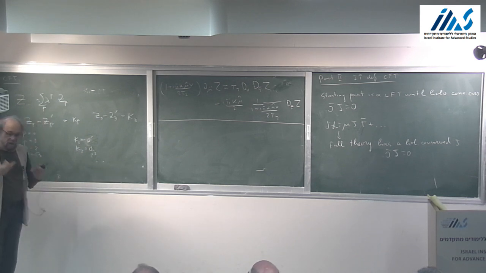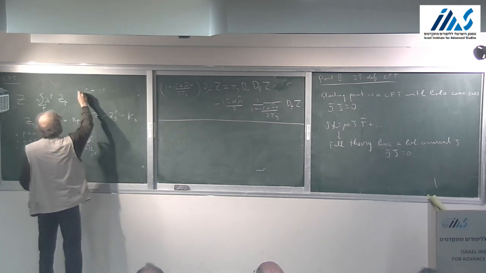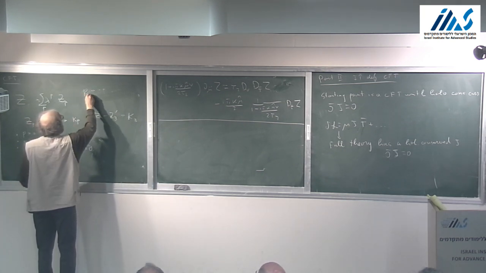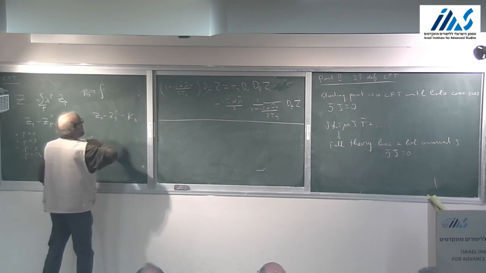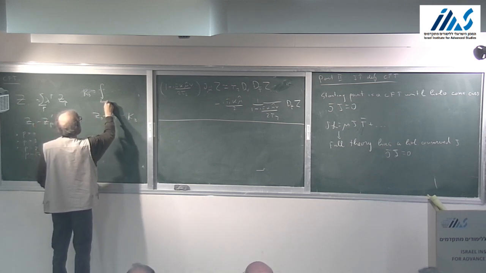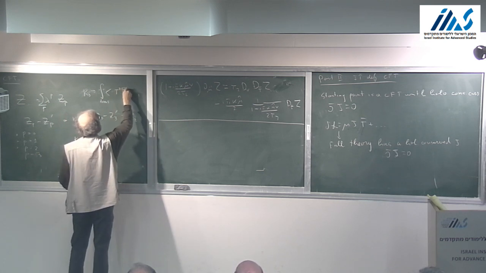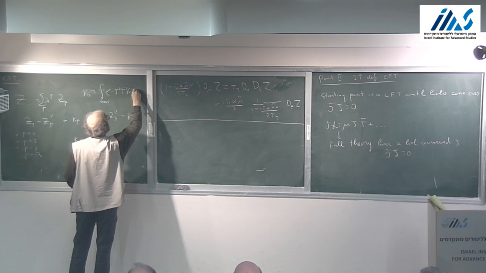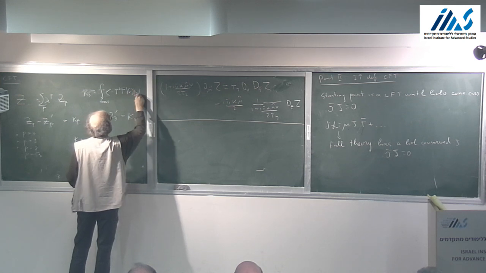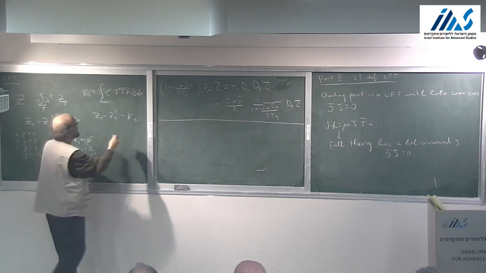Okay, and I produce for you the basic vector in this. K3 is the integral over the torus of the expectation value of T squared, T bar squared of x, d2x, over the torus, and this is the CFT expectation.